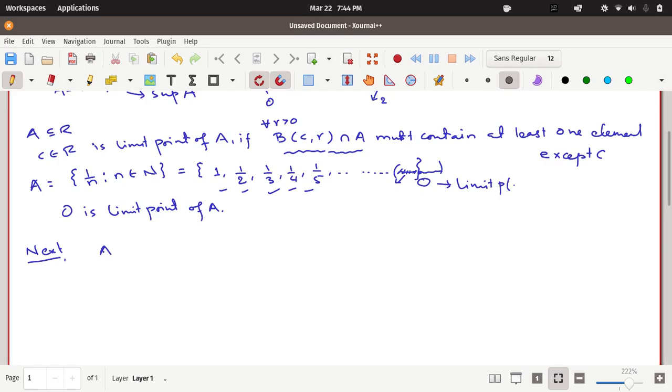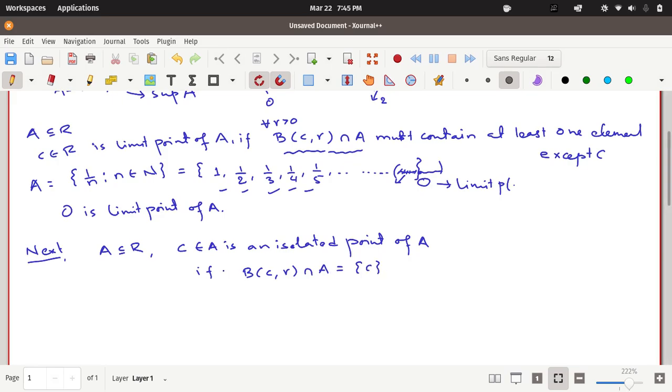So again let's consider A to be a subset of real numbers, and a point C that belongs to A is said to be an isolated point of A if, and now we have the big condition here, the ball with center C and radius R intersection A is nothing but the same point C.